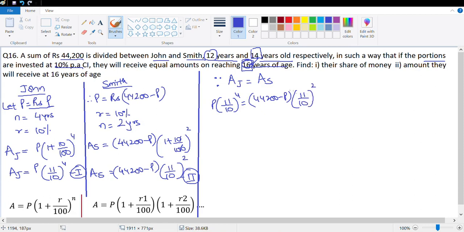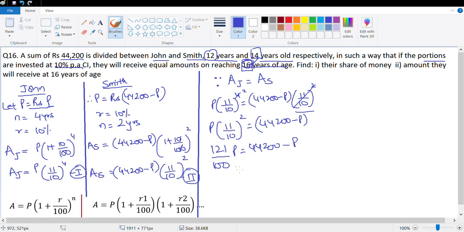I notice that 11 upon 10 square is common on both sides, so dividing both sides by 11 upon 10 square, what I am left with is P times 11 upon 10 square is equal to 44,200 minus P. I have divided both sides by 11 upon 10 to the power 2, and this power gets changed to 2. Let's open the bracket and see what we get. So this is 121 upon 100 P is equal to 44,200 minus P.